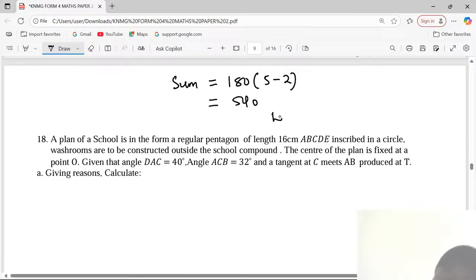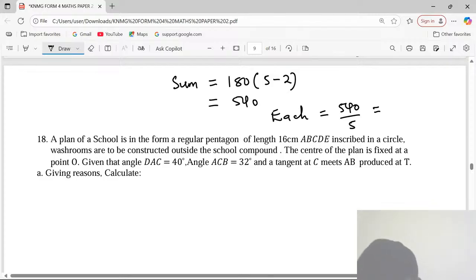Now, each of the interior angles should be 540 divided by 5 angles, because all the interior angles add up to 540. What is the size of each? 540 out of 5, I'm getting 108 degrees.